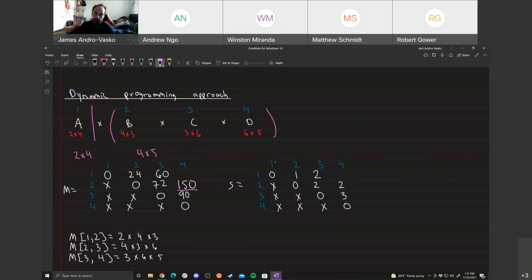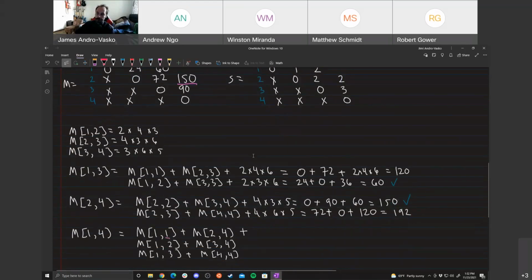Because remember, we first took these two, which will be 4 by 3 and 3 by 6, giving 4 by 6, and then 4 by 6 with 6 by 5 gives a 4 by 5 matrix. The shortcut here is really just the outer numbers. So multiplying B, C, and D, no matter what we do, the result is going to be a 4 by 5 matrix. We multiply that to A, which is 2 by 4, so 2 times 4 times 5 is the extra work.